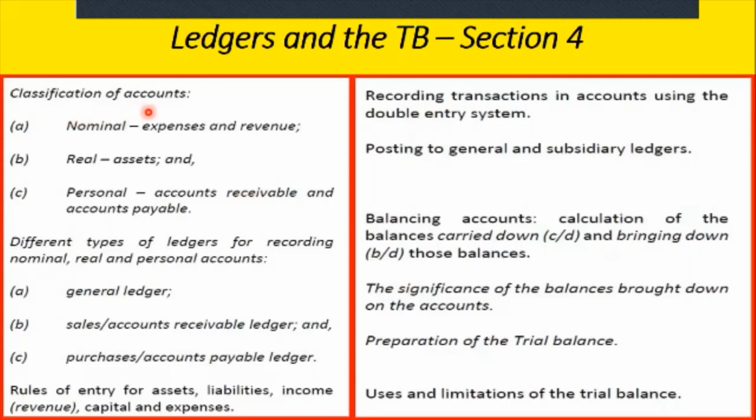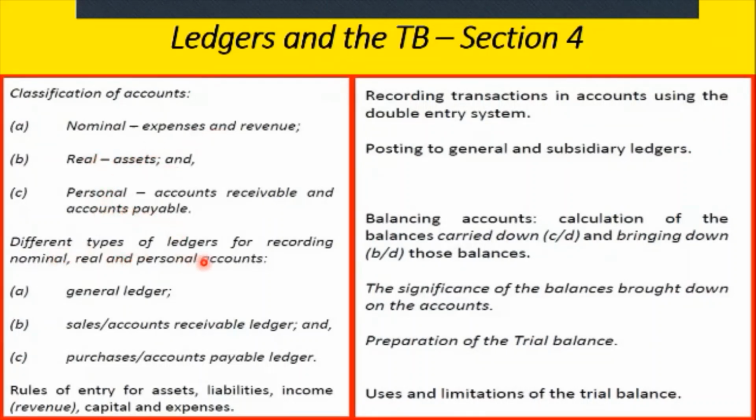The first part is to deal with classification of accounts, nominal and real and personal accounts. And you should be able to tell what type of account an account is. Okay, so those nice little part C's and part B's where it asks you to identify the account, what type it is. This you would have to be able to do, right?